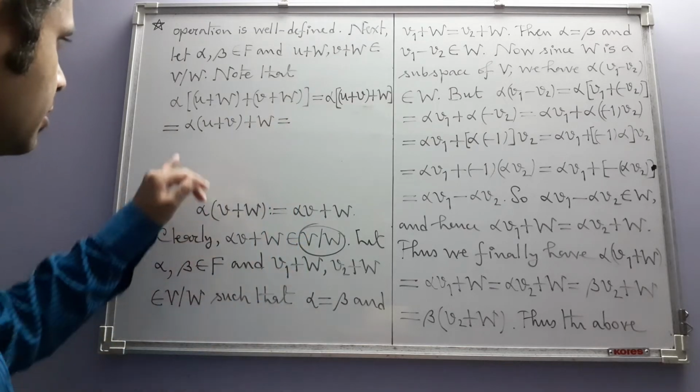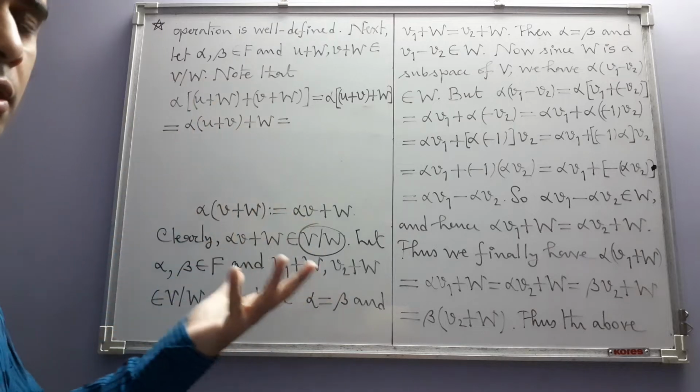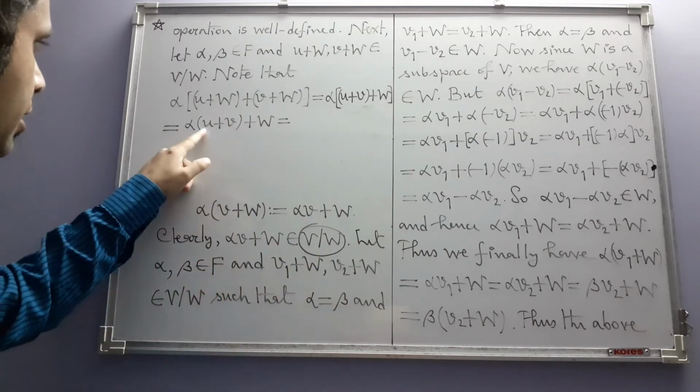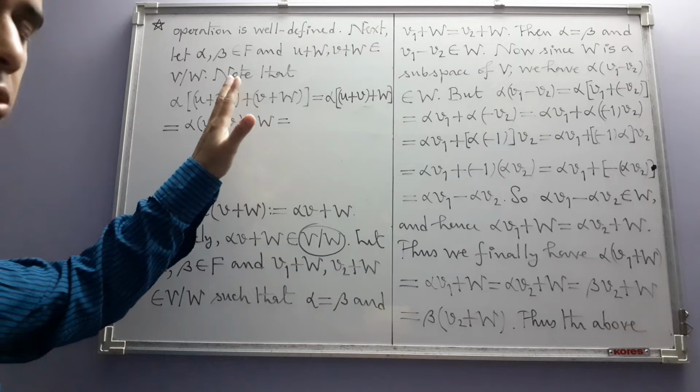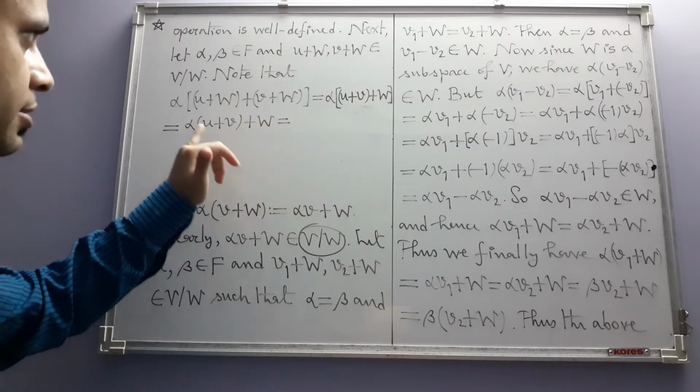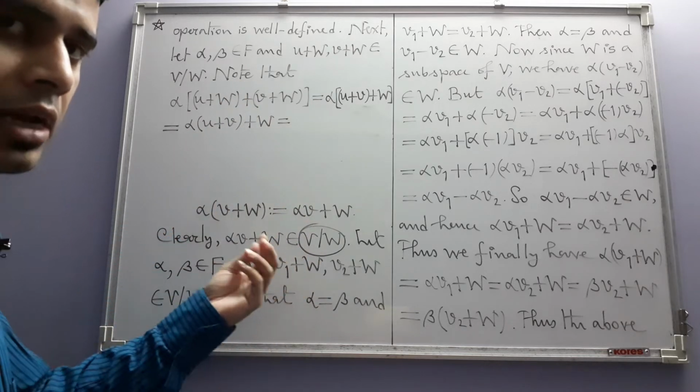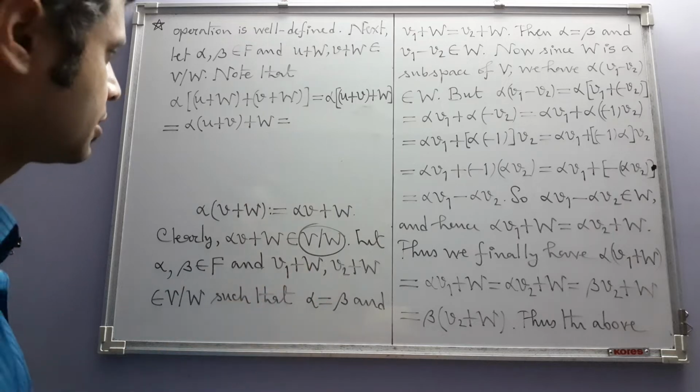Now use the fact that V itself is a vector space, and u, v are elements of capital V, and alpha is coming from the underlying field of scalars.